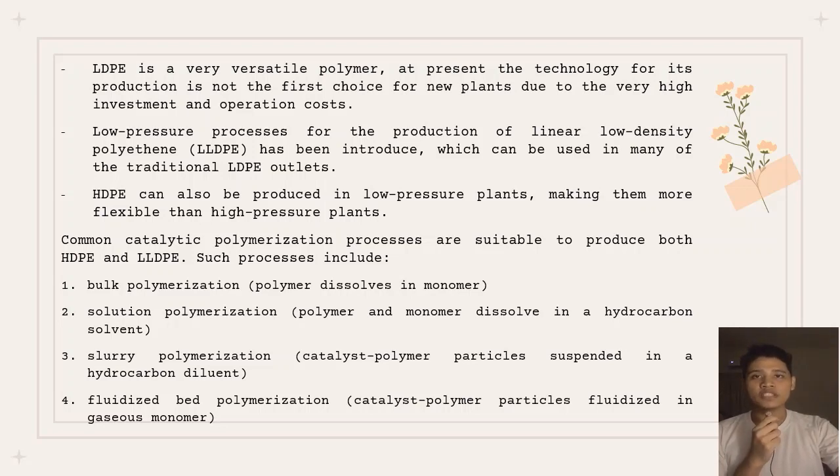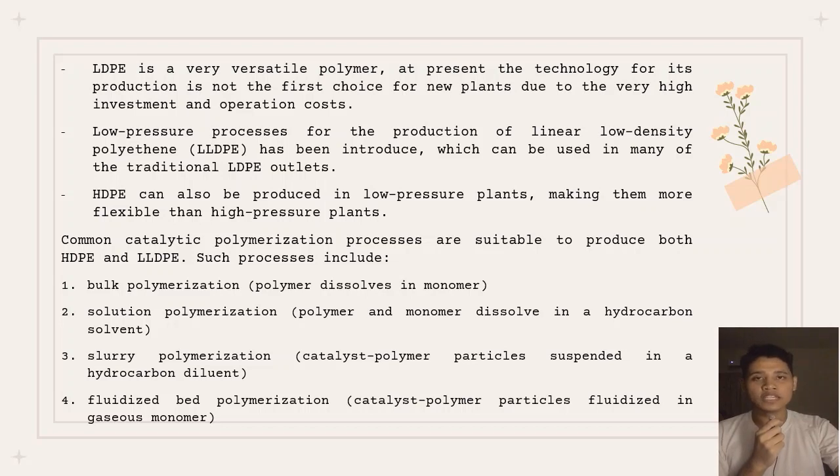Some processes include, the first one, bulk polymerization, in which polymer dissolves in monomer. Second, solution polymerization, in which polymer and monomer dissolve in hydrocarbon solvent. Third, slurry polymerization, in which catalyst polymer particles are suspended in hydrocarbon diluent.